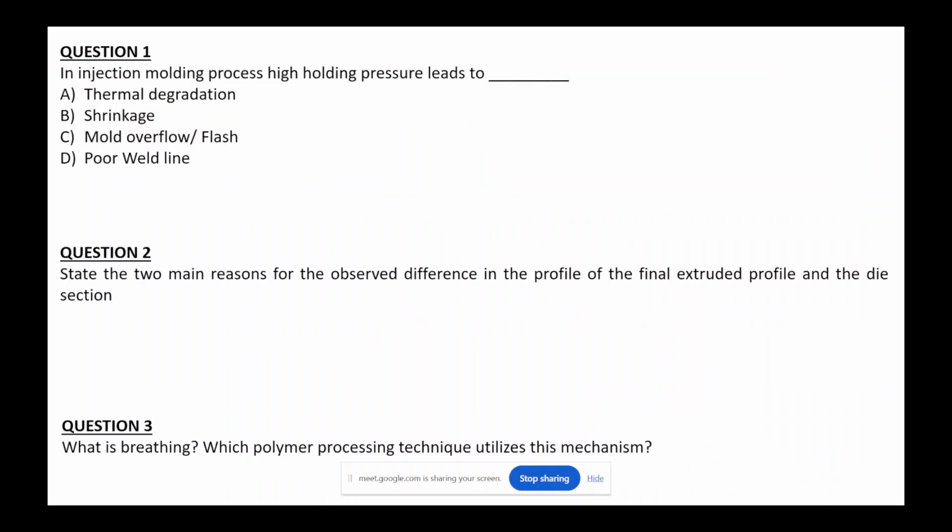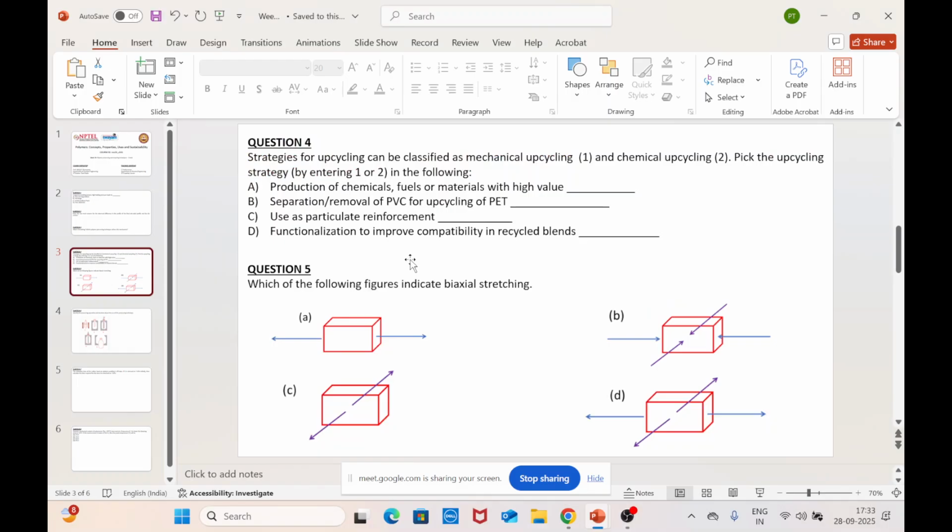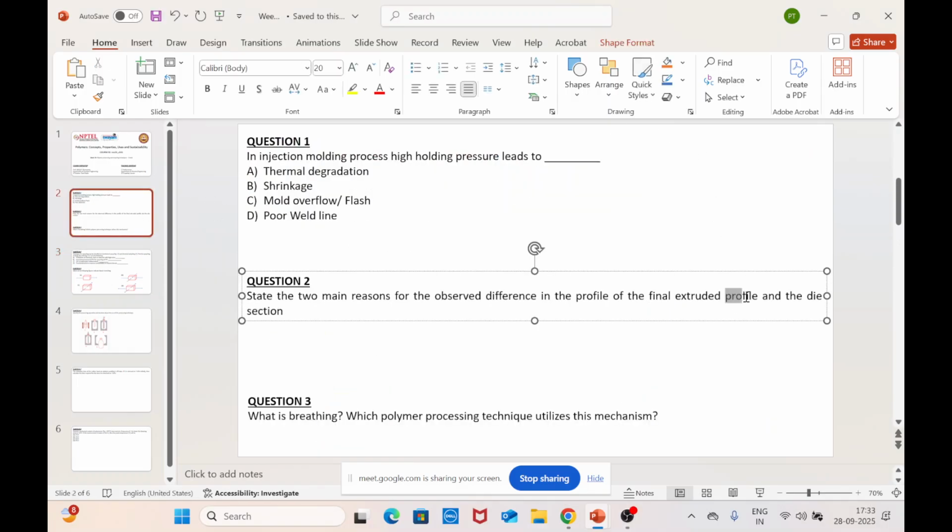So that is what today's question 2 is. State the two main reasons for the observed difference in the profile of the final extruded material and the die section. Oh, sorry, the die section. Anyone have any ideas on why it is so that the extruded material we have and the die we use are not going to be in the same shape?